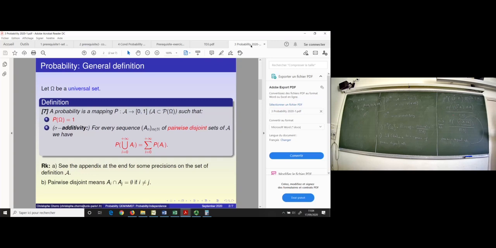If I want to apply the formula that the probability of the union is equal to the sum of the probabilities, I have to check if these ones here are pairwise disjoint. They are pairwise disjoint, so I can use this formula.